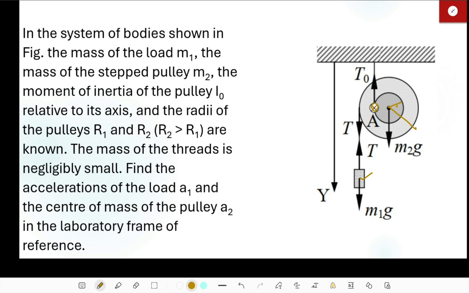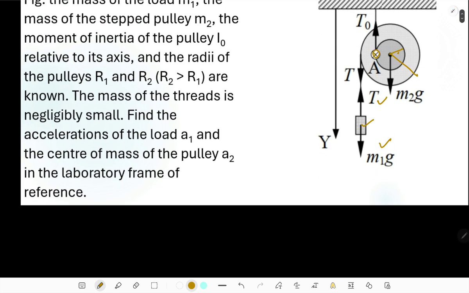Now, in the second stage of this problem solving, I'm going to write down the equations of motion, starting with the load, which is in translational motion. I can see two forces acting on it, the tension and gravity.